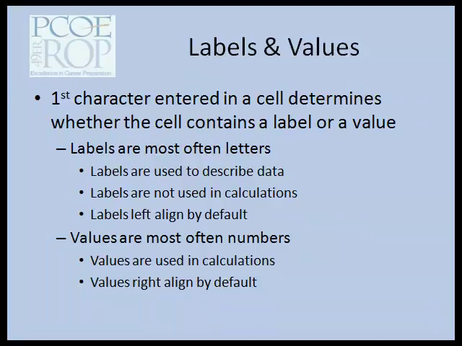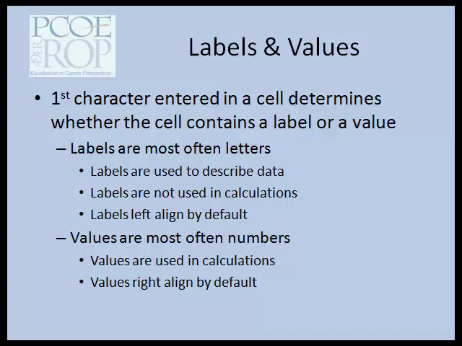As we begin to enter data into a spreadsheet, we rapidly need to differentiate between label data and value data. Typically, the first character entered into the cell is used by the spreadsheet software to determine whether that cell contains a label or a value. Most often, a label begins with a letter. Whether it begins with a letter or some other character, a label is always used to describe data and may not be used in calculations.